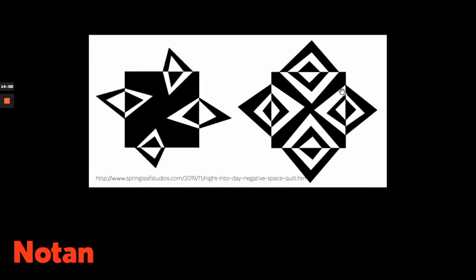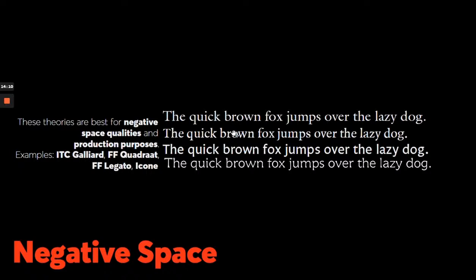Notan also shows how your form would maintain a certain kind of integrity right after you play around with it. These negative space theories are often done on the later phases of typeface design. So we have here Galliard, Quadrat, Tegaro, and Icom.